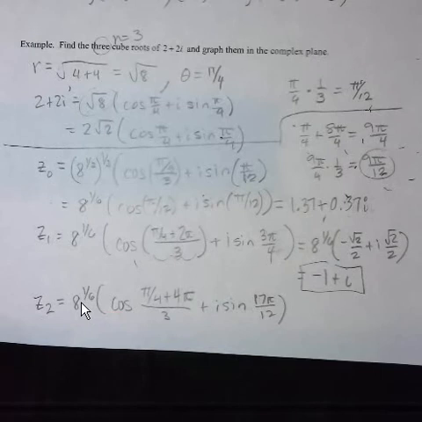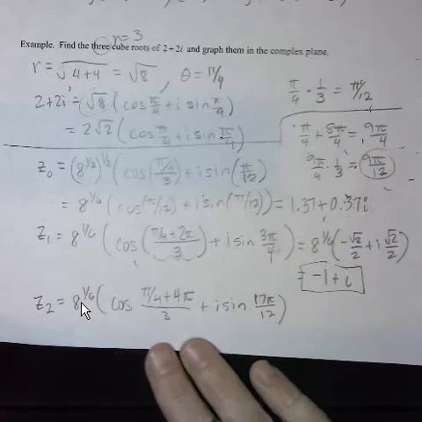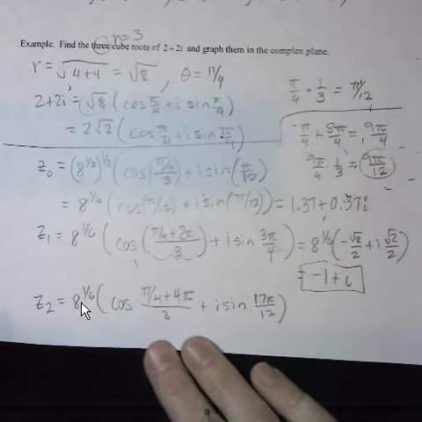And again, that one doesn't have a nice reference angle, so we will just use the calculator again. So both of these are 17 pi over 12.